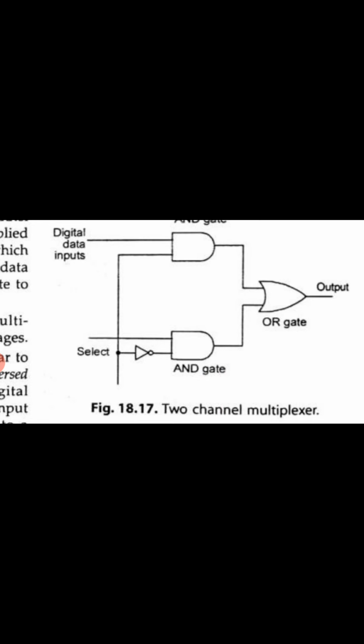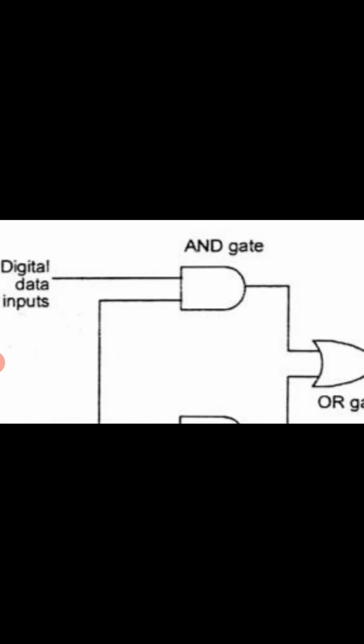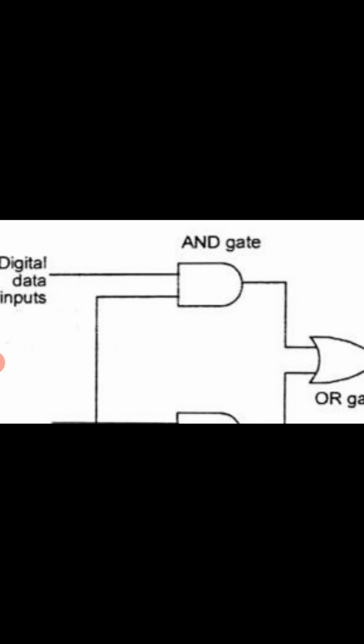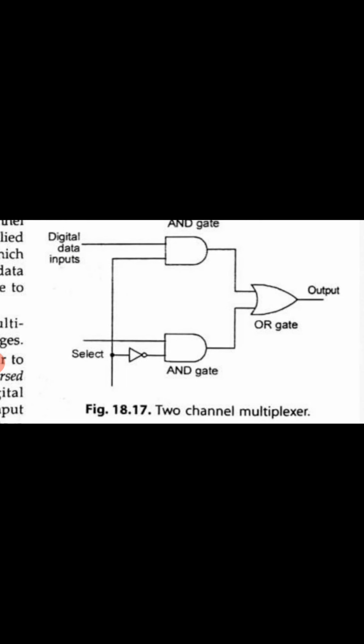If both the inputs are high, then only the AND gate gives a high. The lower AND gate is connected through one NOT gate, so what happens is that if the upper one becomes 1, the lower AND gate becomes 0. So depending upon the switch, we can get the output.